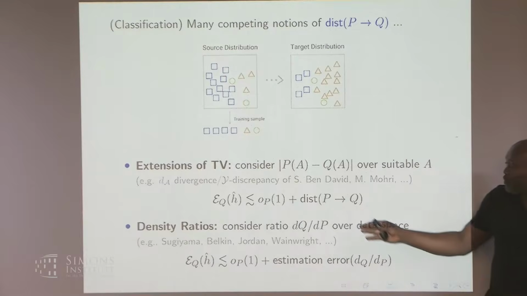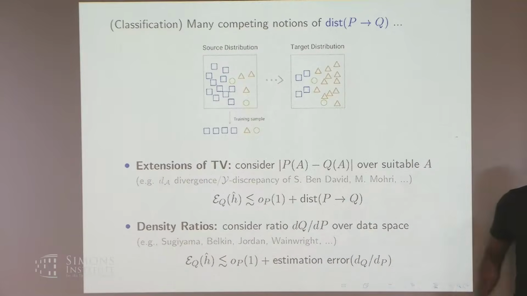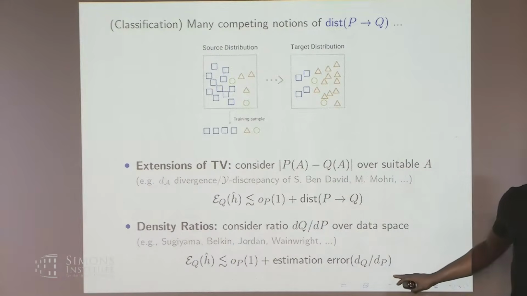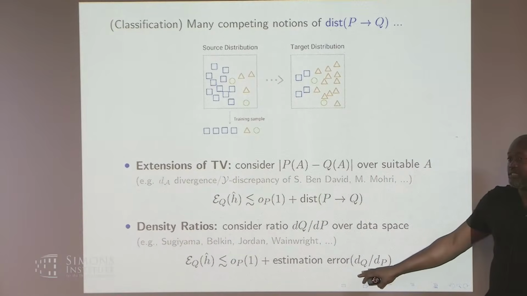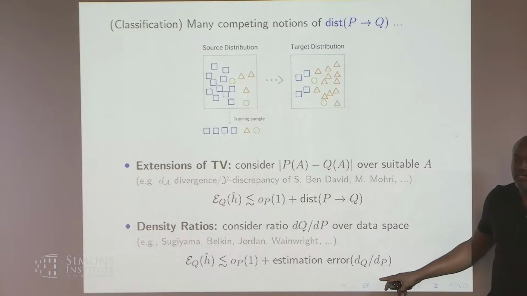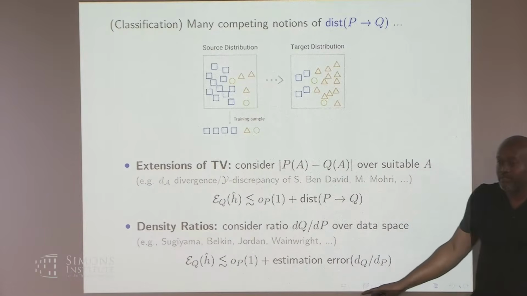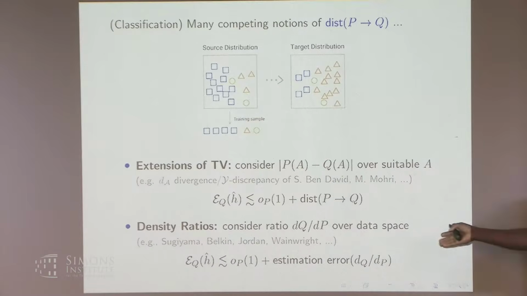And so we can then view the type of rates that are obtained by these procedures as, again, something that goes to zero plus the estimation error. And this tends to suggest that transfer learning is as expensive as density ratio estimation, which is a hard problem on its own. So again, we'll argue that in a lot of situations it's probably not that expensive, right? It's like solving a harder problem to address sometimes a simpler problem.